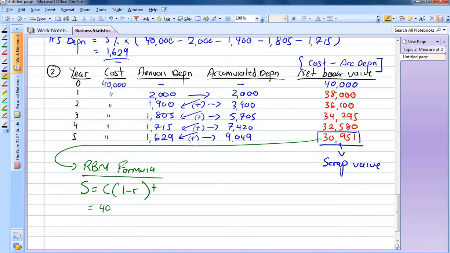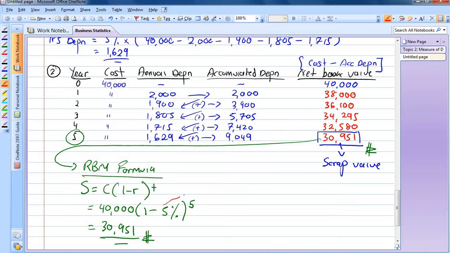So what do you guys do? The cost is 40,000, 1 minus 5%, power of, so this is on year 5. So you power of year 5. If you check, you should get the same answer. So you will get 30,951. Okay, it is the same. So that means our working is correct.